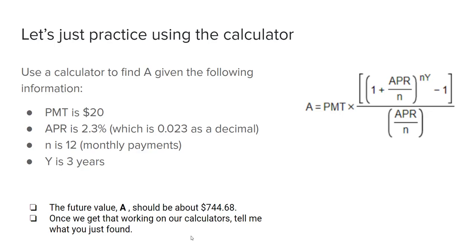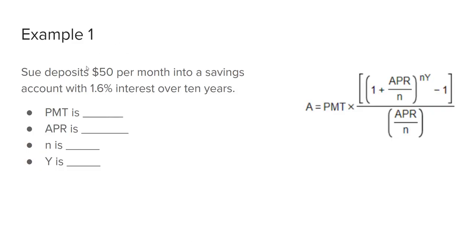And now we're going to work some additional examples. In this example, Sue deposits $50 per month into an account which has a 1.6% interest rate, and she's going to do this over 10 years. So she's going to make 120 deposits since she's doing this monthly for 10 years.